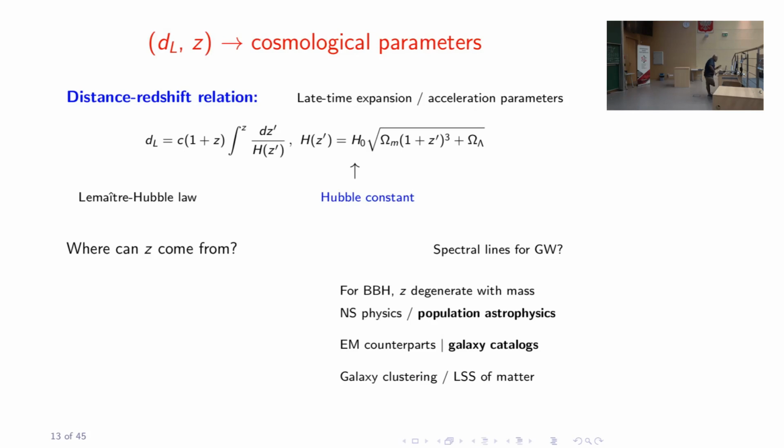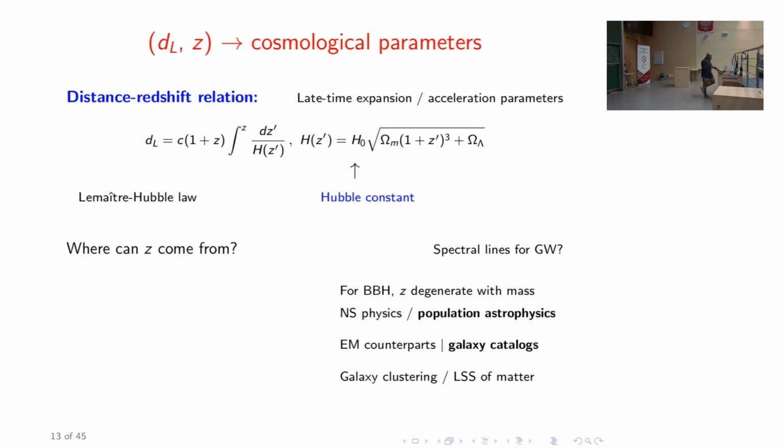The clean way of measuring a redshift, however, would be from an electromagnetic counterpart. So if one observes along with gravitational waves some electromagnetic counterpart, which one did for a neutron star, that would give us a very clean, reasonably sharp measurement of the redshift. So that is our best bet of obtaining the redshift.